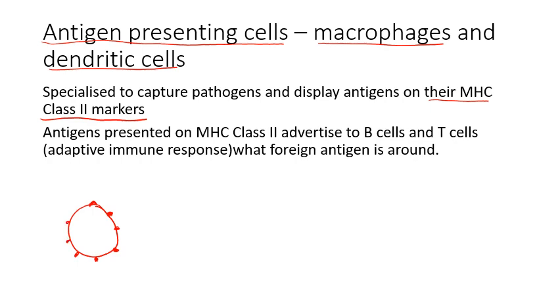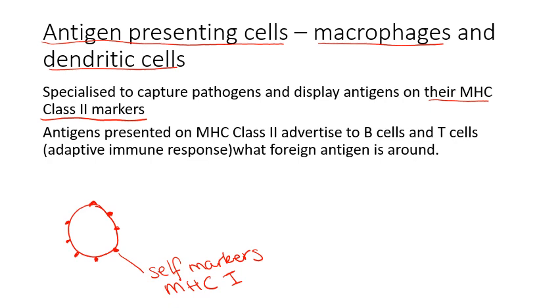Now these self markers we can also call them self antigens, and we can also call them MHC Class I markers. These were the markers that all cells in your body except for your red blood cells had on their surface to allow your body to detect them as belonging to your body.